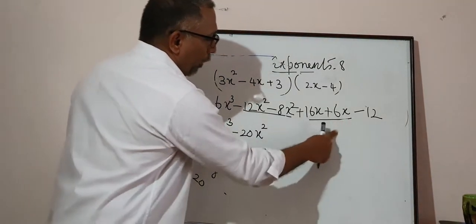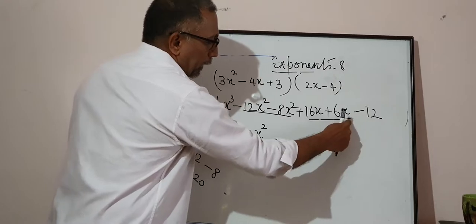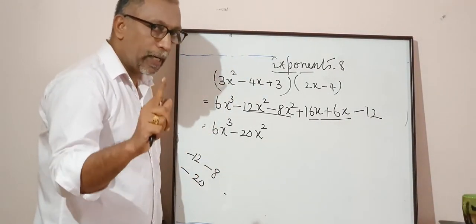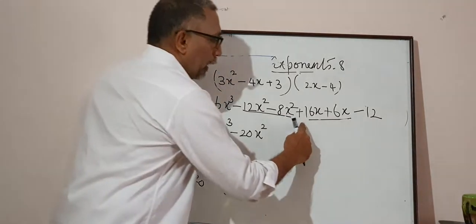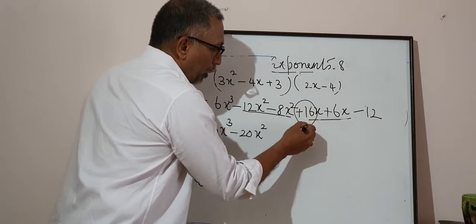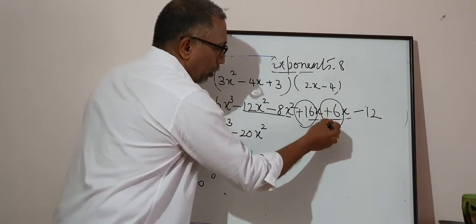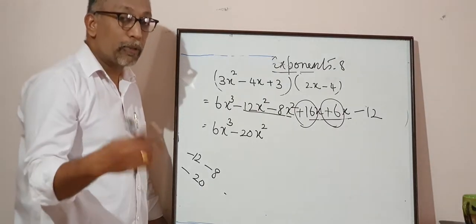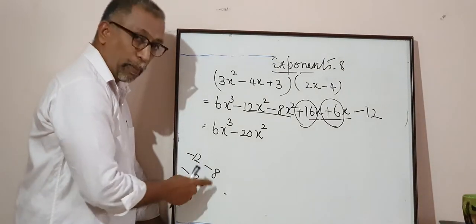Okay, these two now we will take. See, this is the x term, so we identified them as like terms. Then you have to see the coefficients, positive 16 and positive 6. These two numbers have the same sign, and same sign means adding.